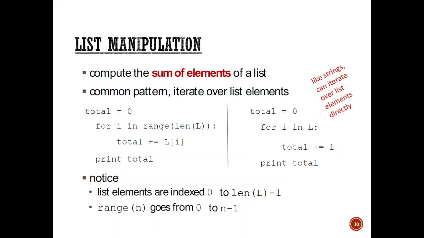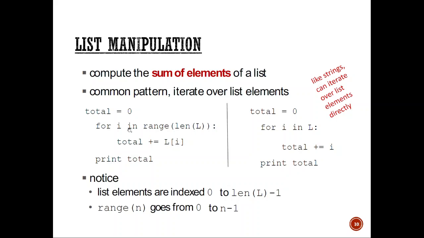For lists, we can compute the sum of elements, assuming that all elements within the list are numbers. And again, we can iterate over list elements. So for example, in order to get the sum of all elements within a list L, we can define a variable total to be 0, and then say for every i in the range of the length of L, we add to the variable total the value within the list L at index i.